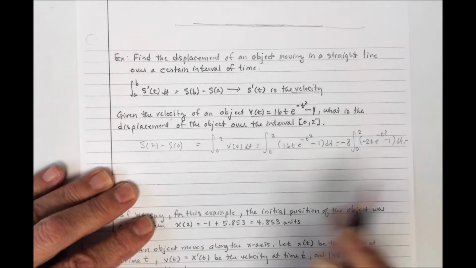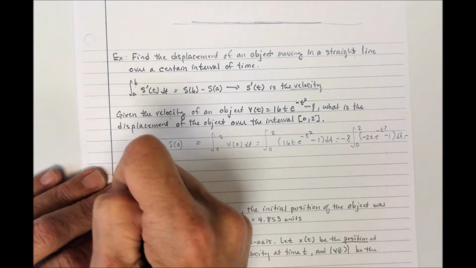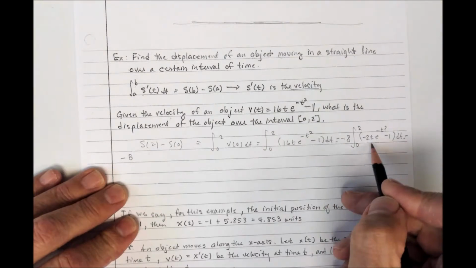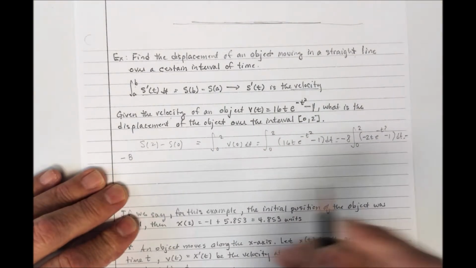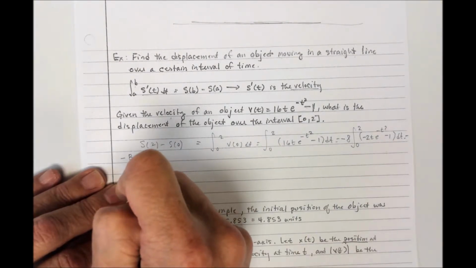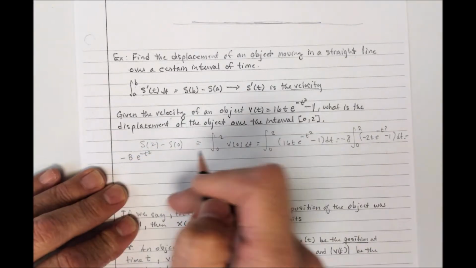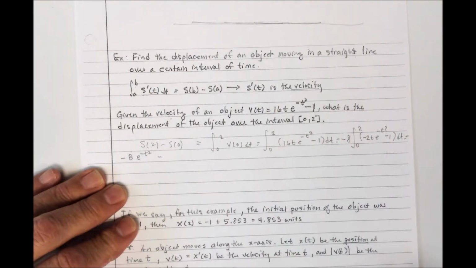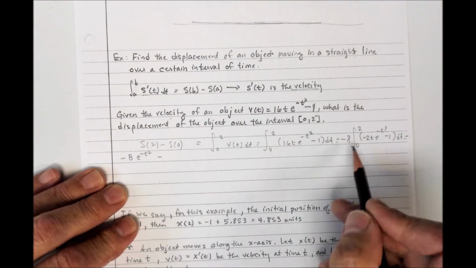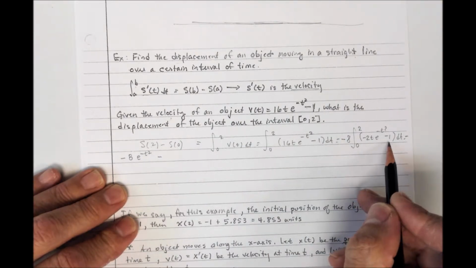Now that I can integrate, so this is negative 8. The first part here is going to go to e to the u in this case, so that would be e to the opposite of t squared, and then minus, I've got the negative 8 here times the integral, let's see, the integral of that would be opposite of t.